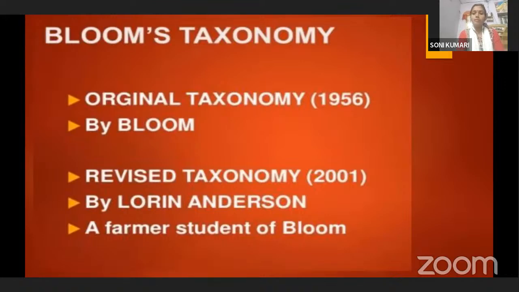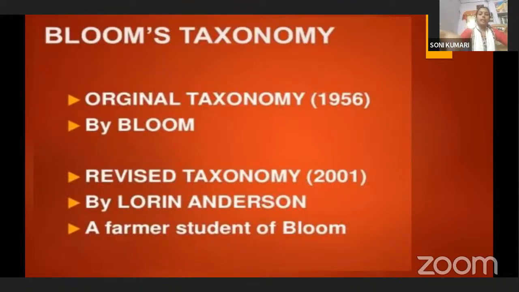That is called the revised taxonomy, by Lorin Anderson, a former student of Bloom's. Now, we will first know about the original taxonomy, then we go to the revised taxonomy.